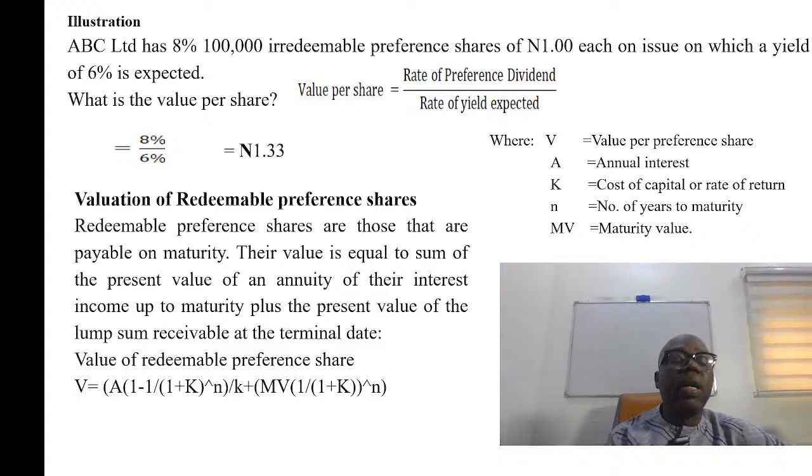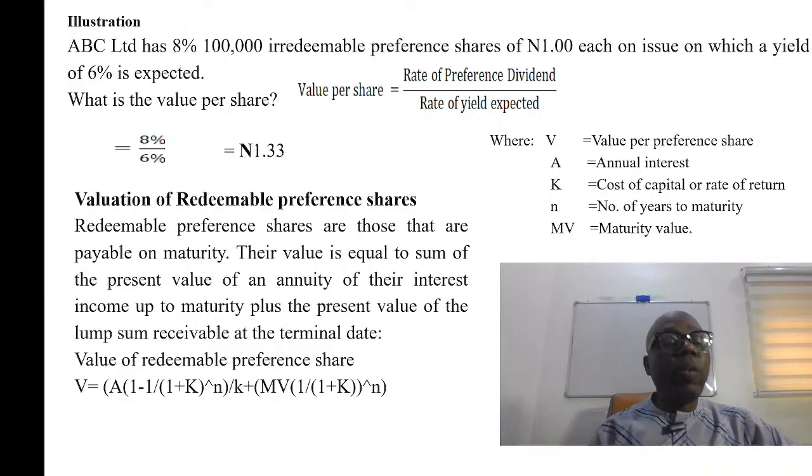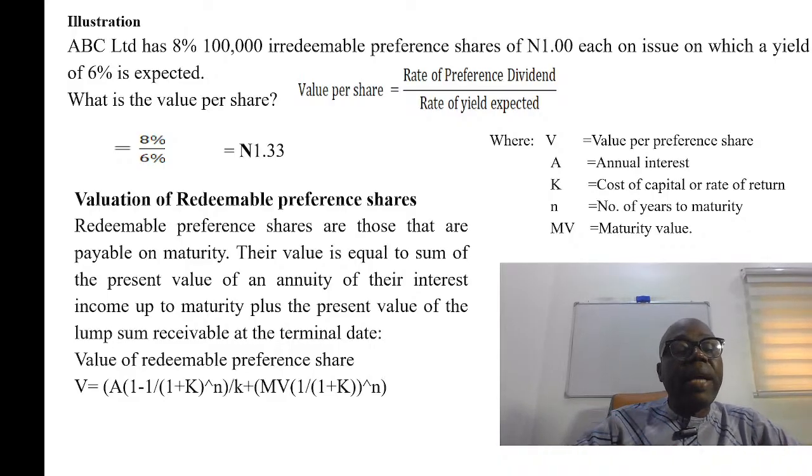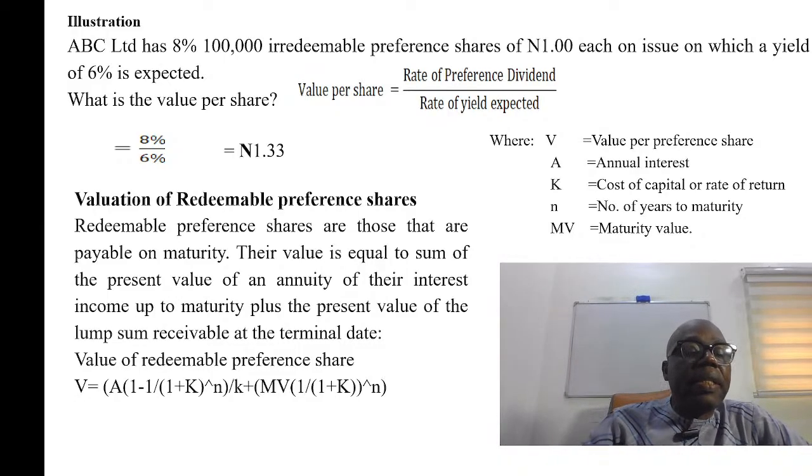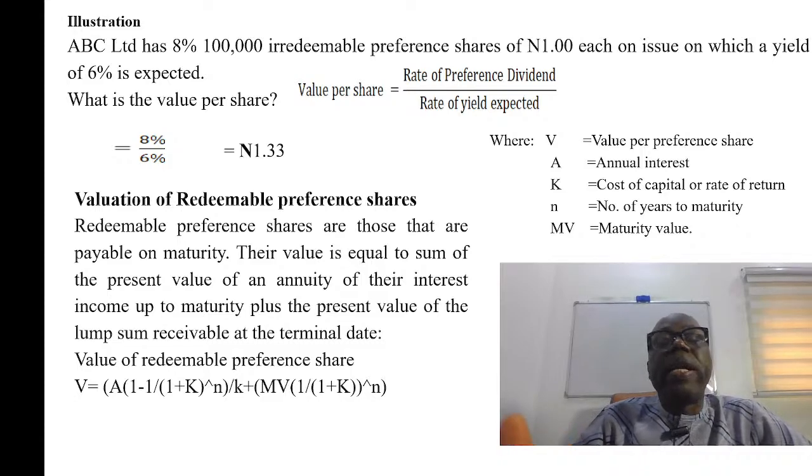Suppose I give you an Excel spreadsheet to calculate it there, you must put the brackets in the right direction. If it's on the board, I would say this over this, and you see the way it is. But here, it's spread out. You must look at it very well and see where the brackets are and where the division are, plus and minus. Okay, so the formula is explained.